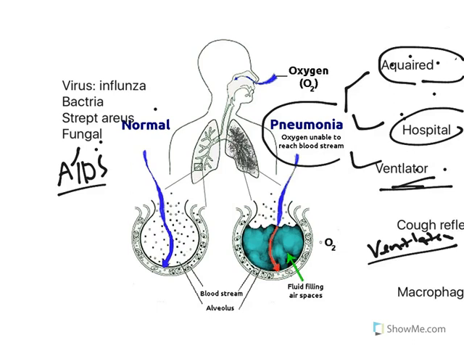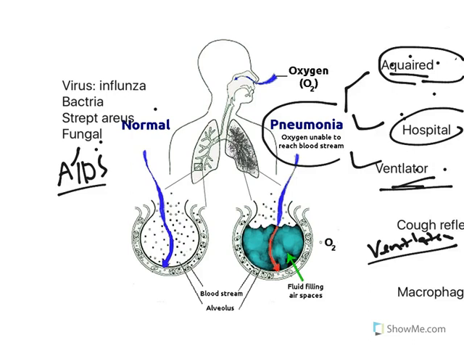Pneumonia caused in hospital is very severe because it is caused by bacteria and viruses that are resistant to antibiotics and treatment in the hospital, so they become harsher and can cause very severe disease for patients. And finally, pneumonia acquired from the community.